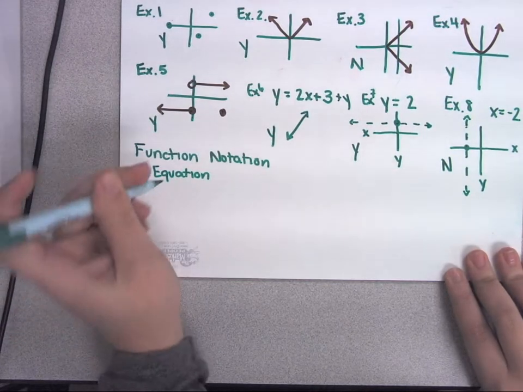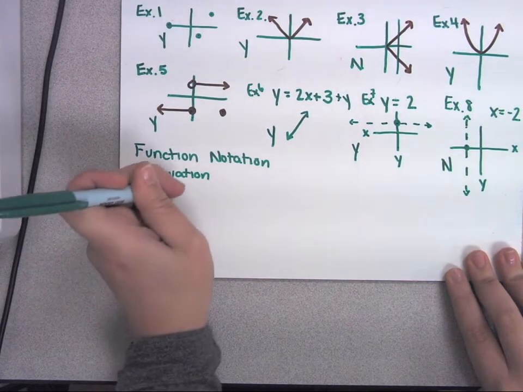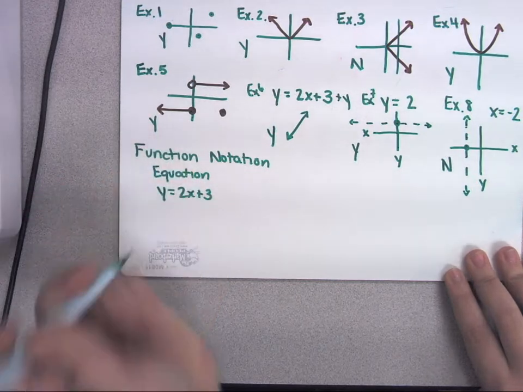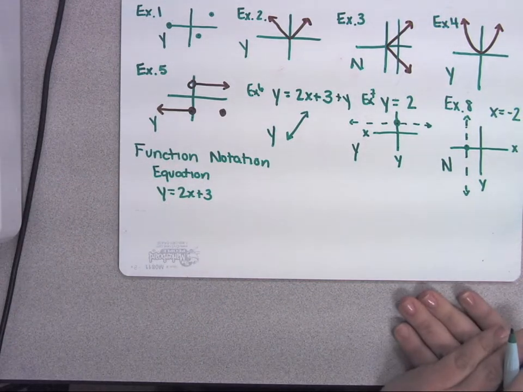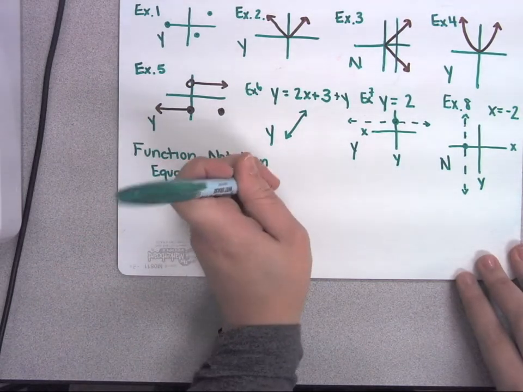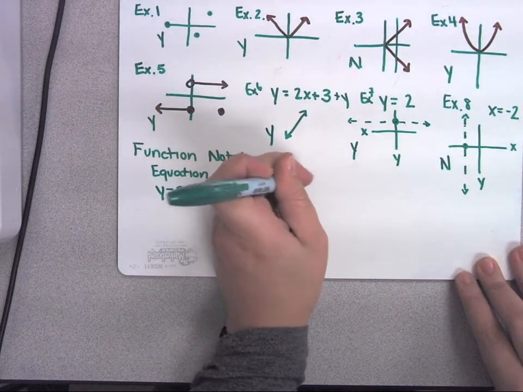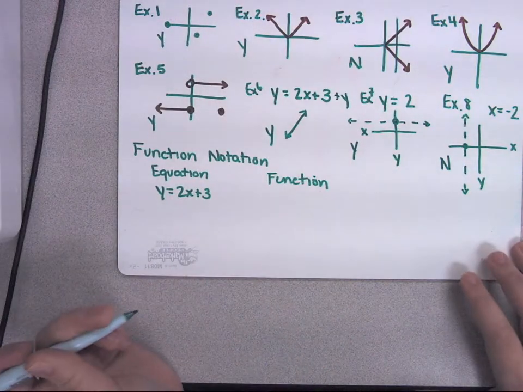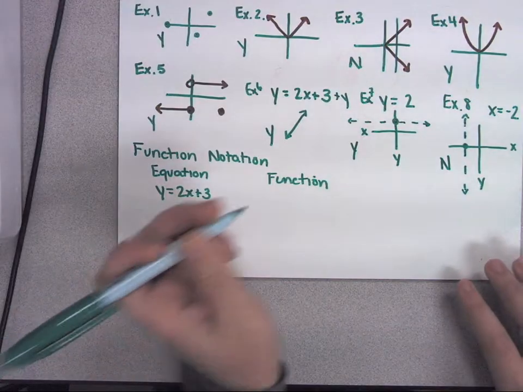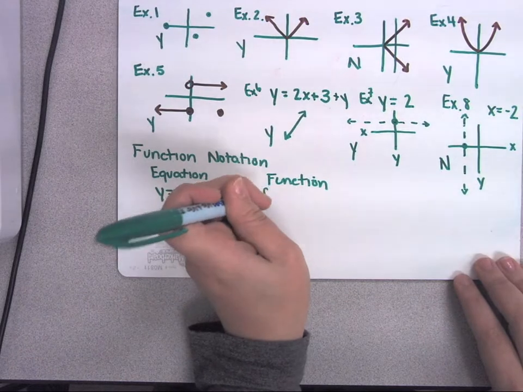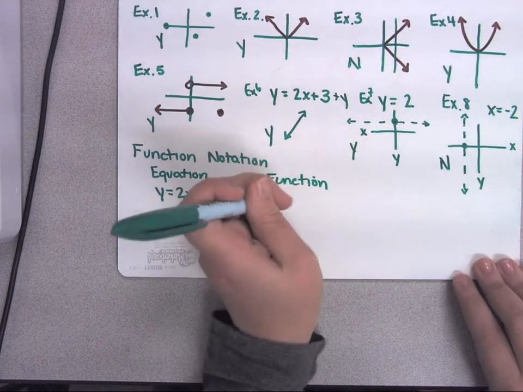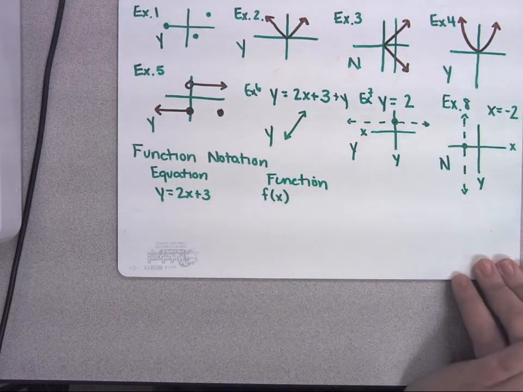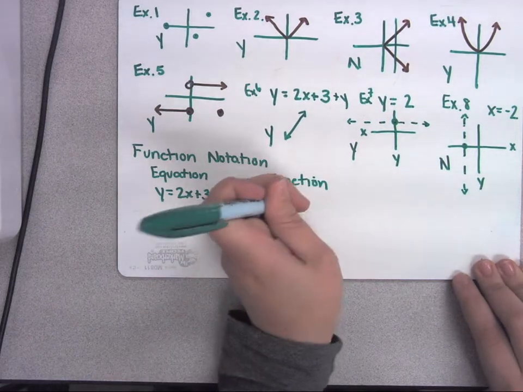I'm just making an example of y equals 2x plus 3. That's an equation. I just made it up. It could be anything I want it to be. Then a function of this format looks like this: f parentheses, x parentheses equals 2x plus 3.